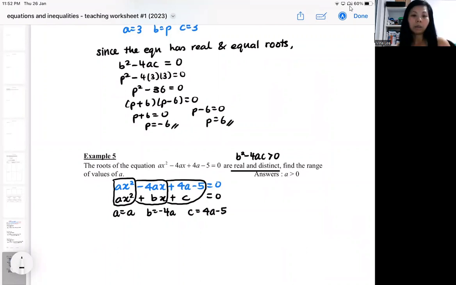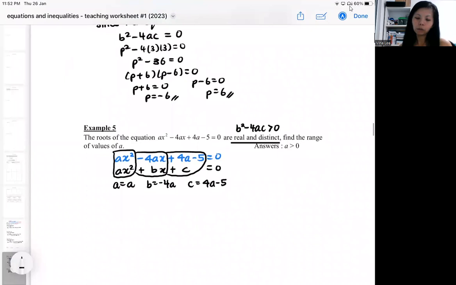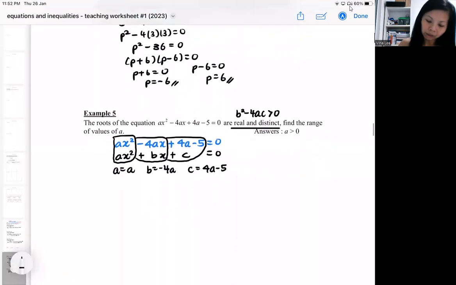There shouldn't be any x in C because C is a constant. In your ABC, there shouldn't be x. Some students will accidentally input x into the value of ABC. That shouldn't be the case. So make sure your ABC are correct, and then we will do an explanation.